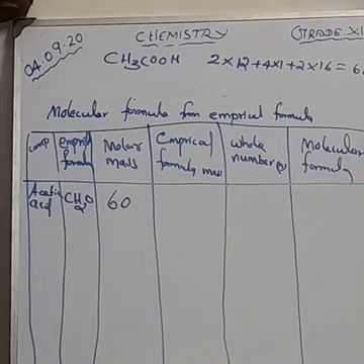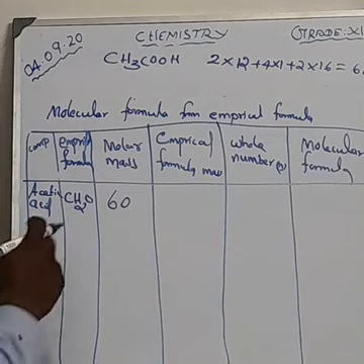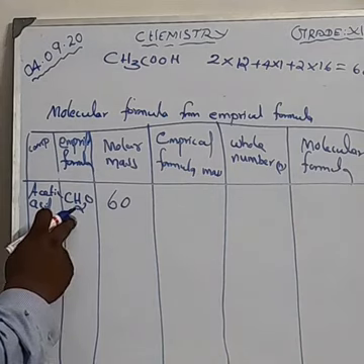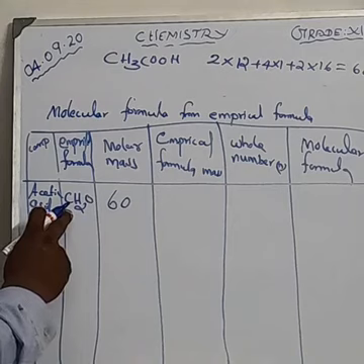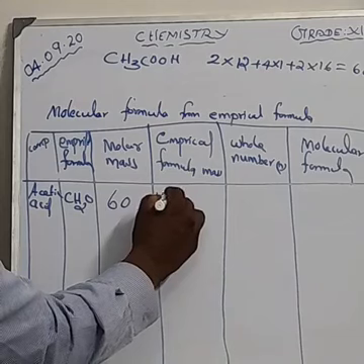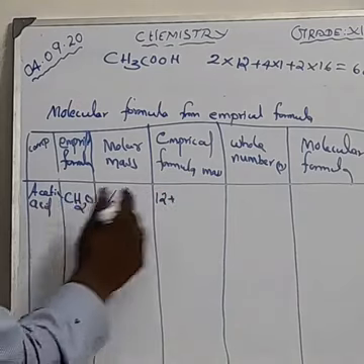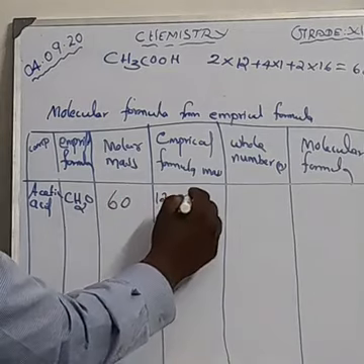How will you find out the empirical formula mass? 1 carbon is 12. Clear? 12 plus hydrogen 2 plus oxygen 16.